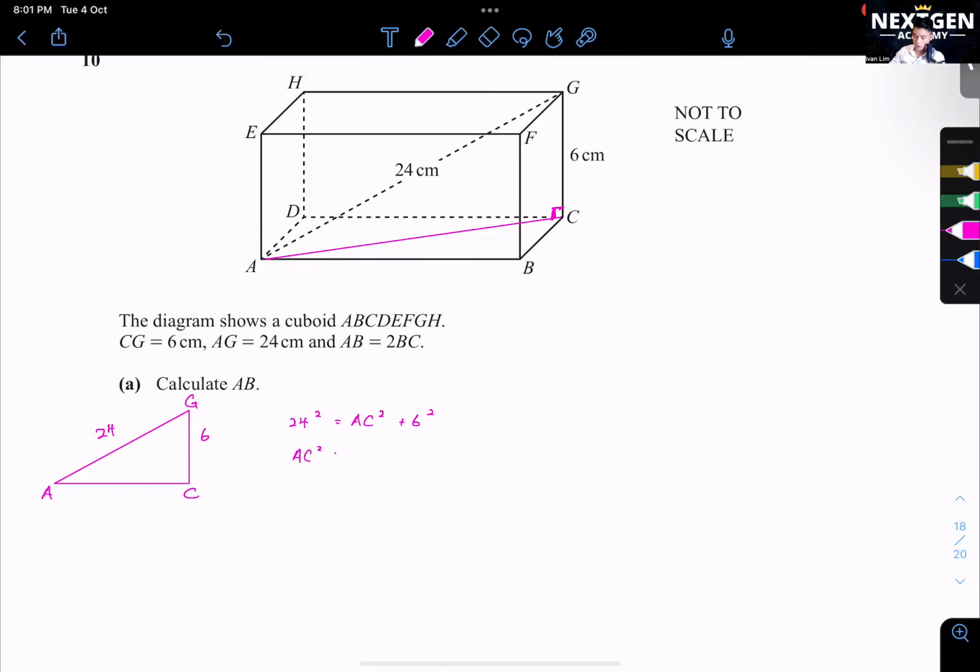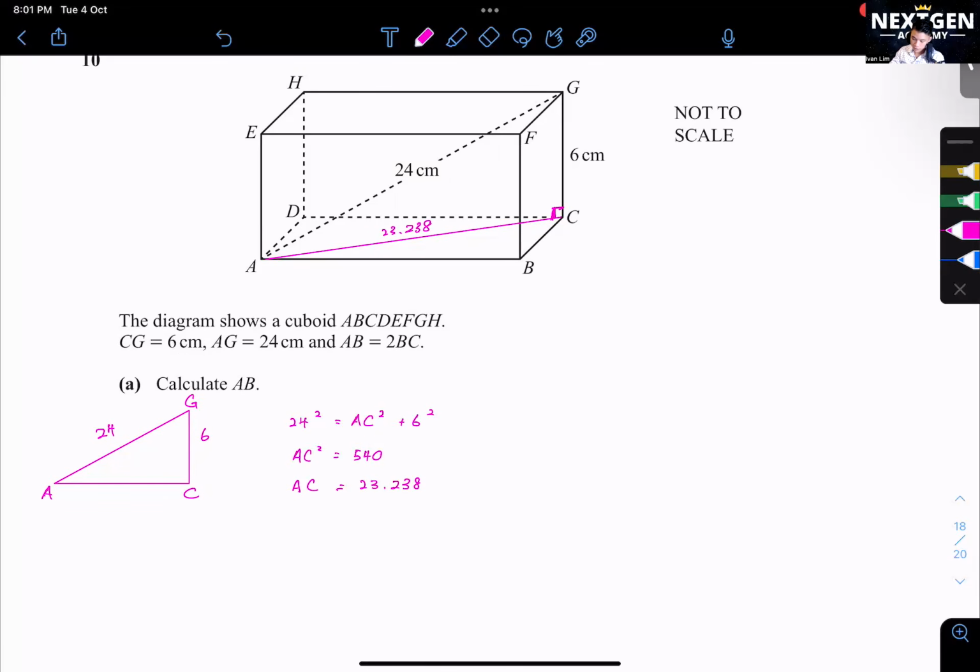AC square equals 540. AC equals 23.238. So I got this one already, 23.238. Then what do we have?